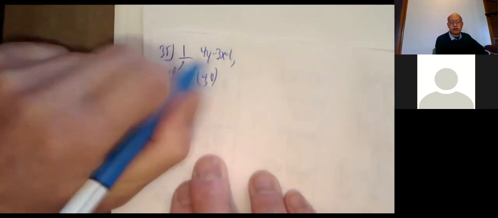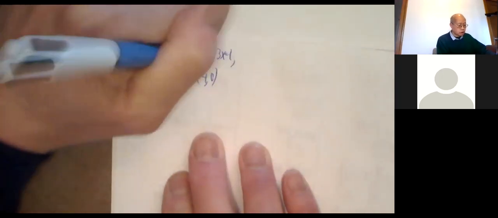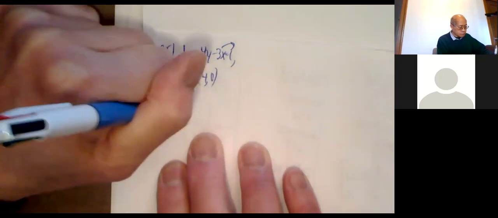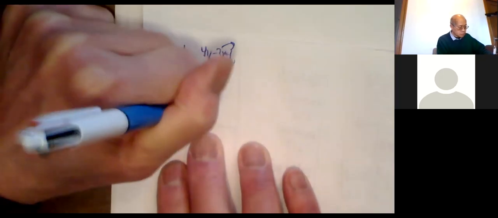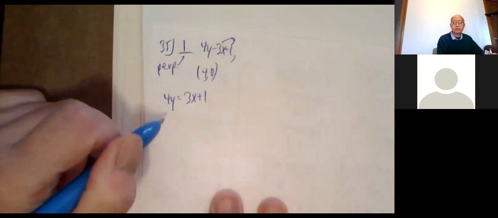Okay, so first I have to find the slope of this line. Solve for y. Move that over. Four y equals 3x plus 1. How do you isolate the y?